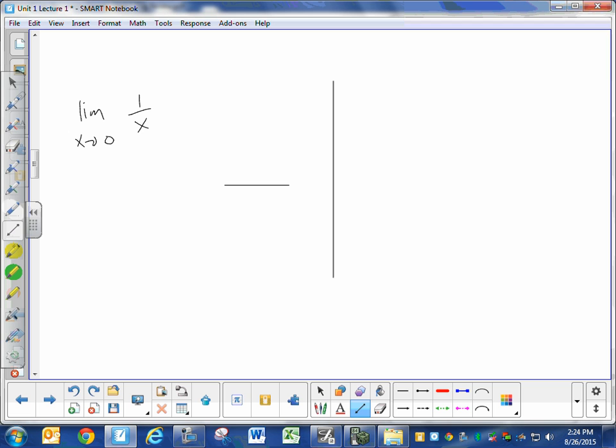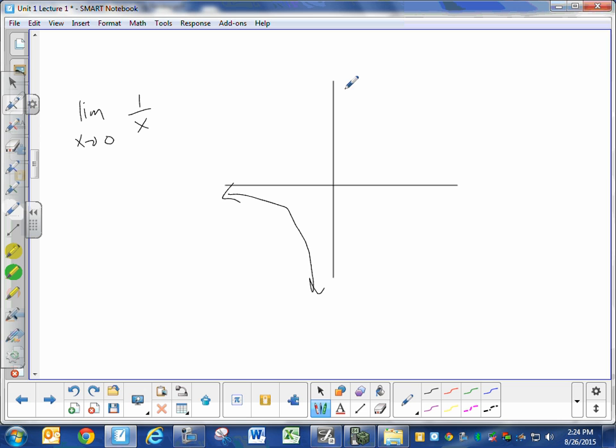Let's look at 1 over x right before you leave. 1 over x looks like this. We could say the limit as x approaches 0 from the left of 1 over x is approaching negative infinity. However, I said in the definition of a limit that you have to approach a value.